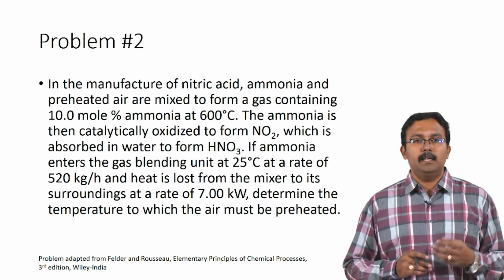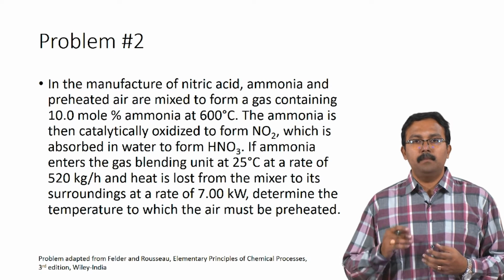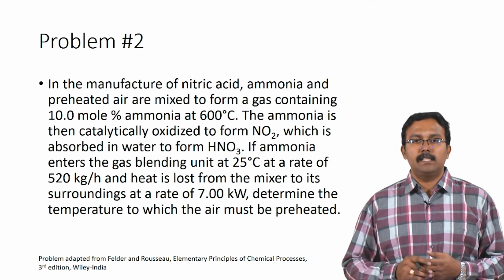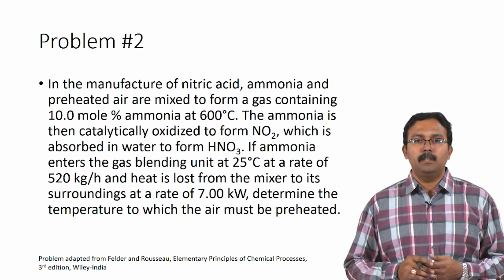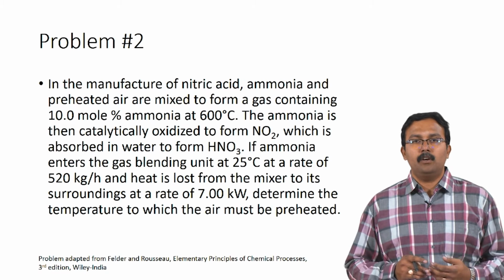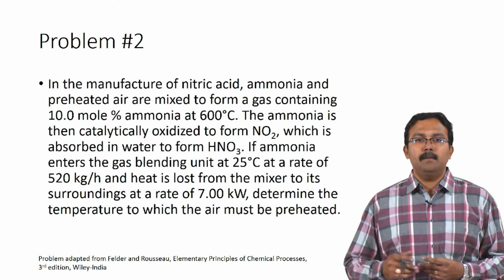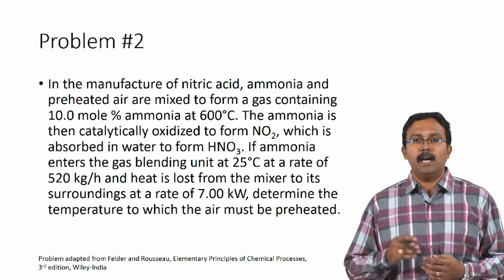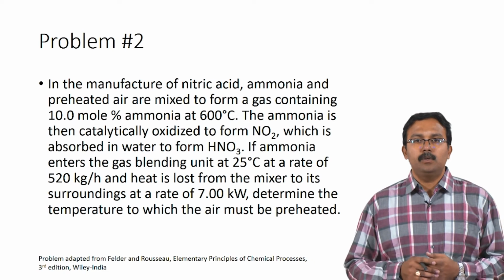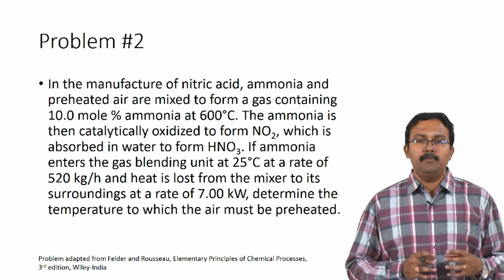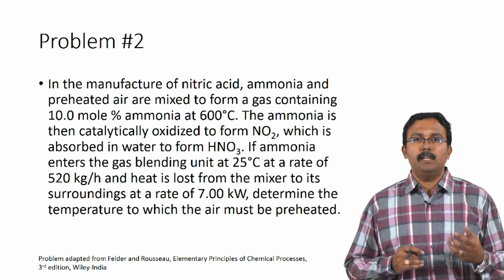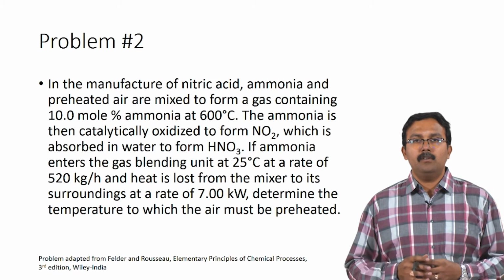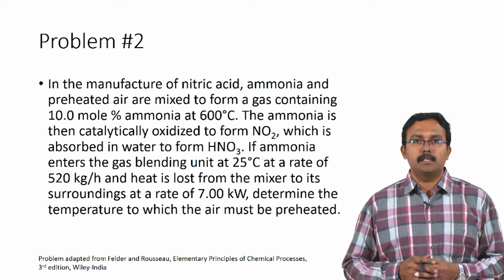If ammonia enters the gas blending unit at 25 degrees Celsius at a rate of 520 kilograms per hour, and heat is lost from the mixer to its surroundings at a rate of 7 kilowatts, determine the temperature to which air must be preheated. So, here we have some information about heat being lost in addition to what we need to supply. So, we need to account for this while we are performing the calculations.